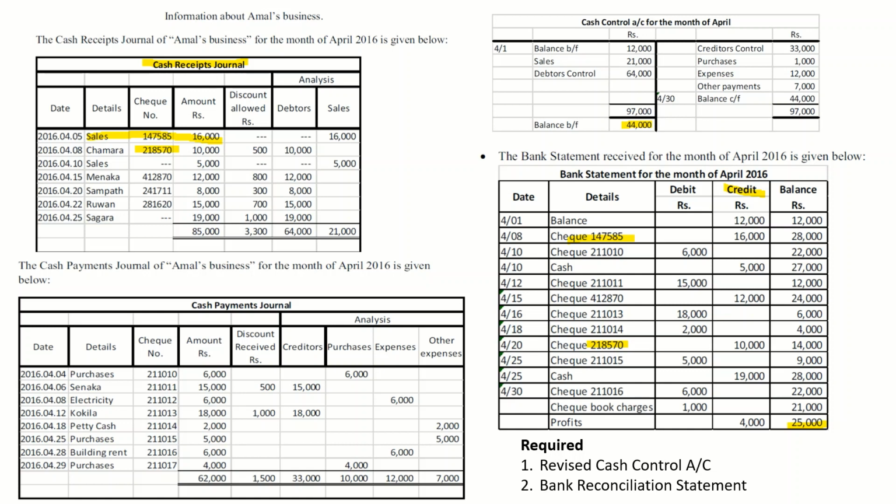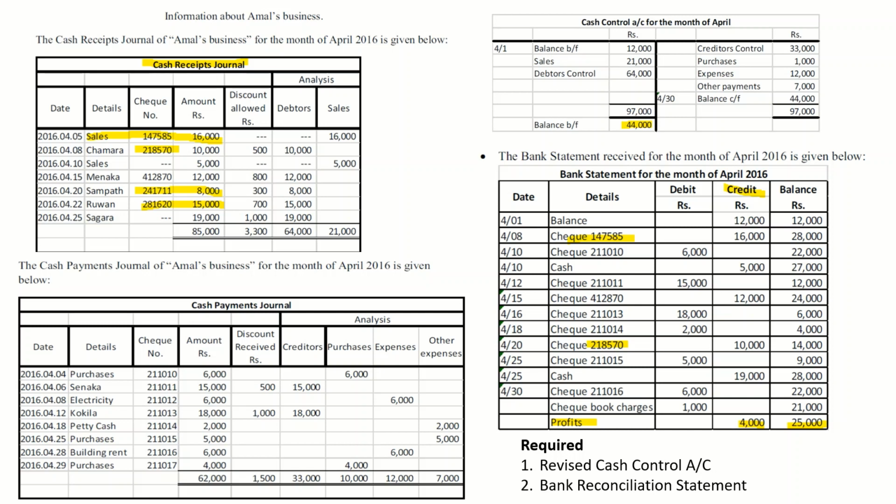So here the payments from debtors of rupees 8,000 and rupees 15,000 bearing check numbers 241,711 and 281,620 respectively have not yet been credited, and a profit of rupees 4,000 is credited to the bank directly. Secondly, you need to compare the payment journal and the debit column of the bank statement.